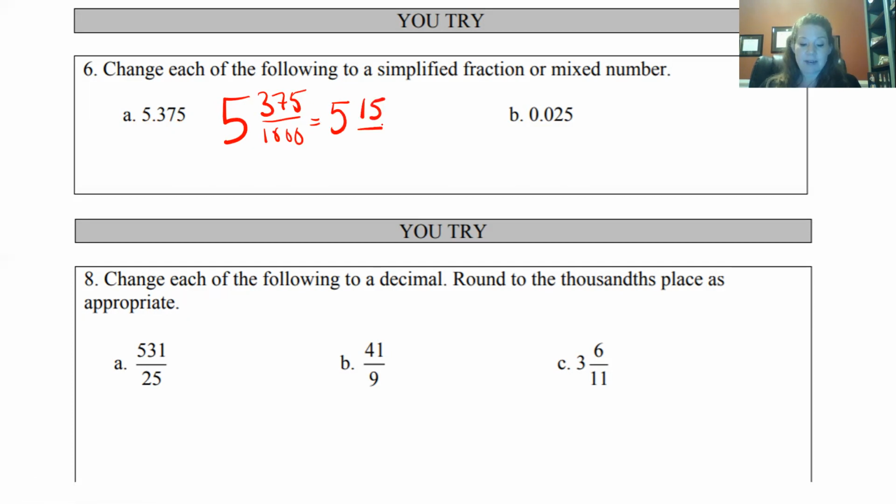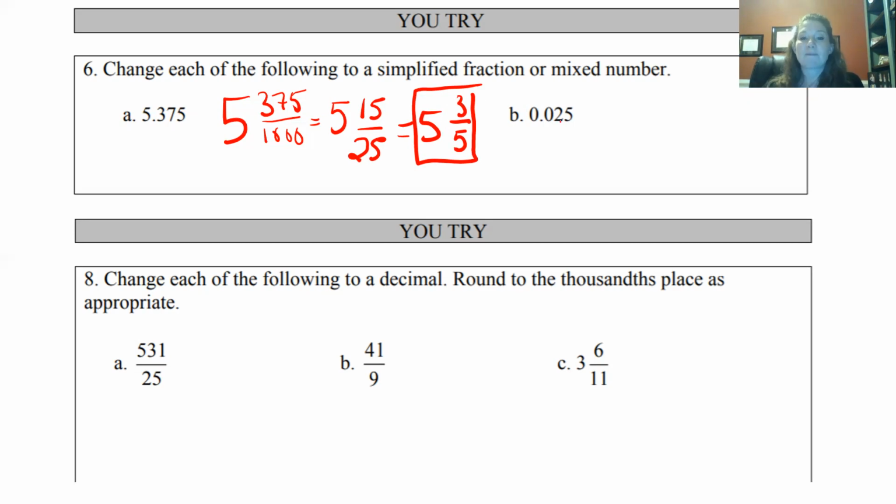And 1,000 divided by 25 is 40. Now 15 and 40 are divisible by 5 again. So 15 divided by 5 is 3. And 40 divided by 5 is 8. So 5 and 375 thousandths is equivalent to 5 and 3/8.